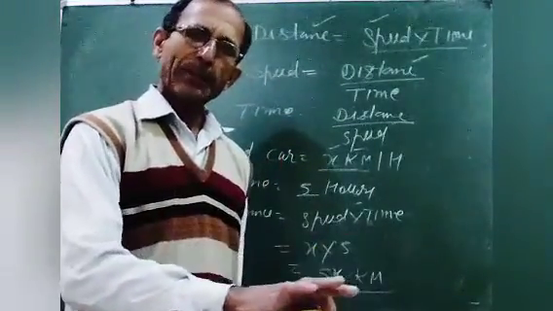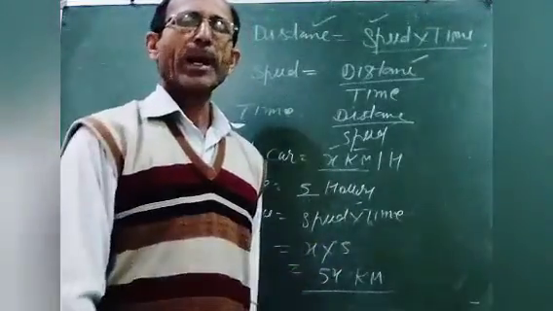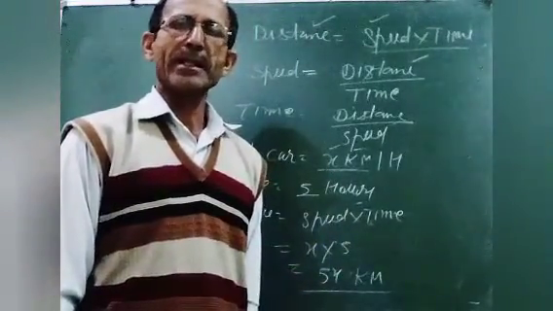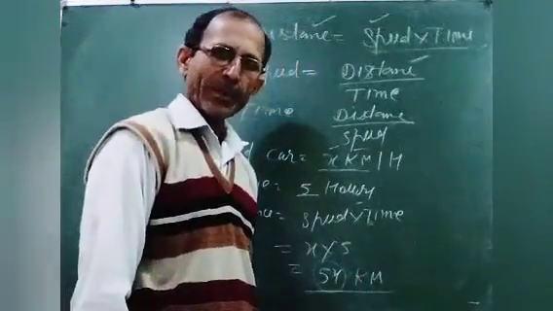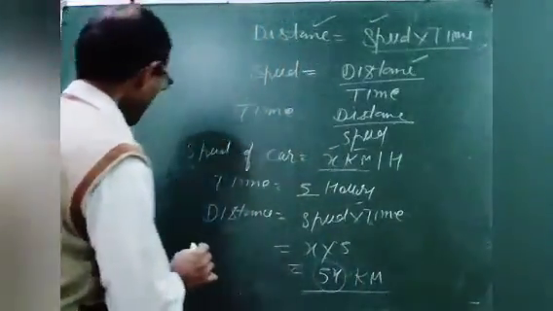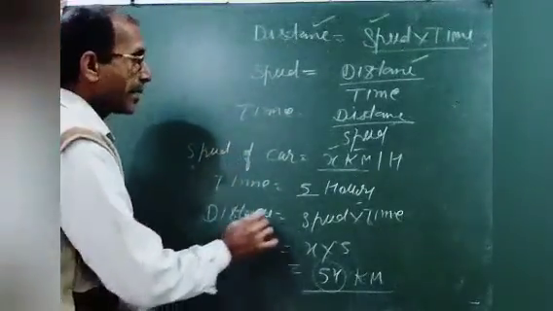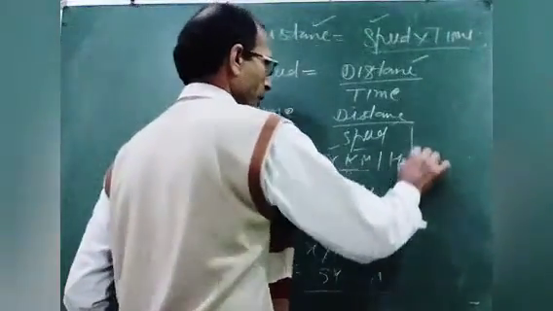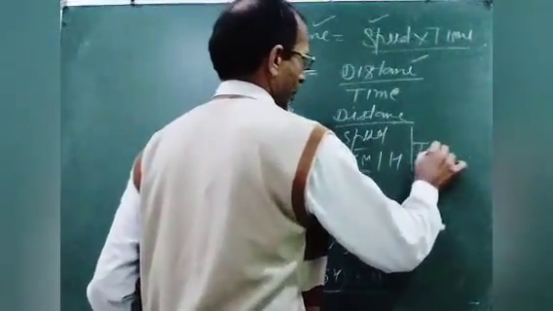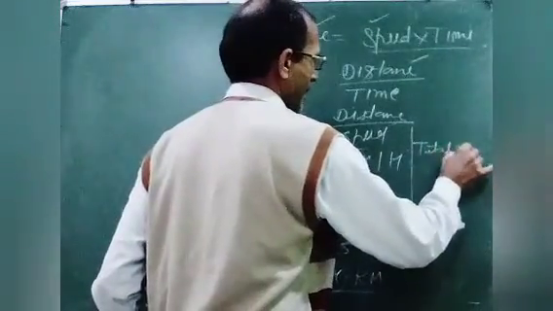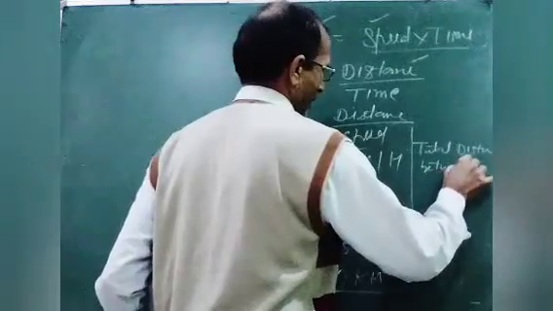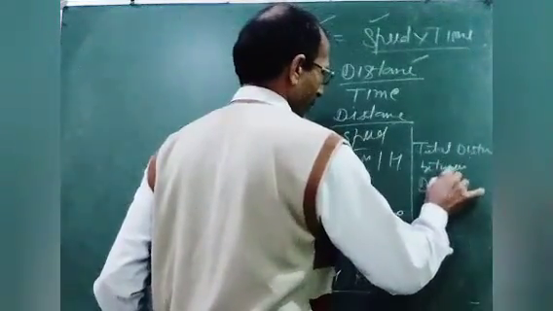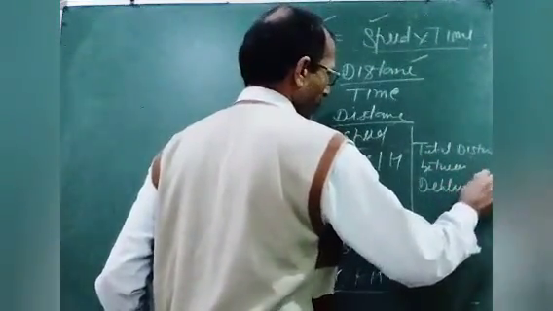Now at 1 p.m. she observes 20 kilometer distance is left. Now 5x she has covered already. Now total distance, I am writing here, total distance between Delhi to Jaipur.